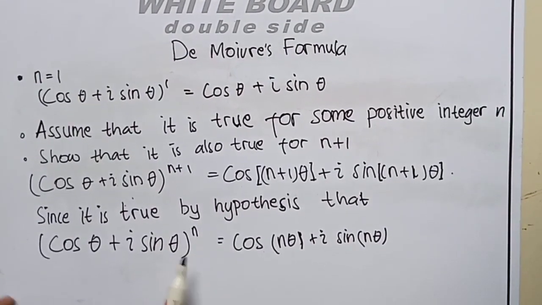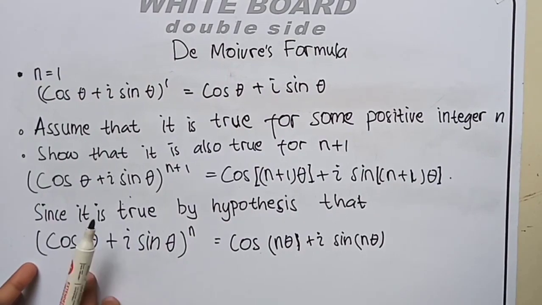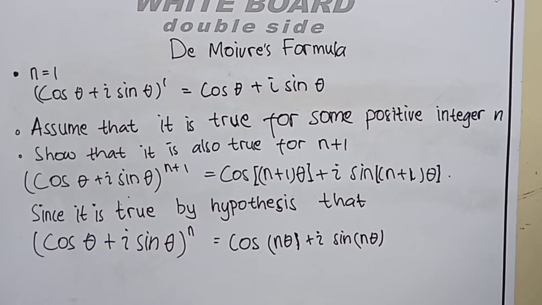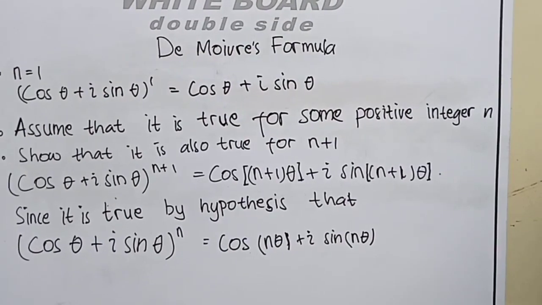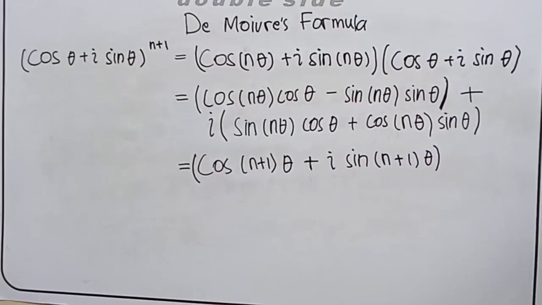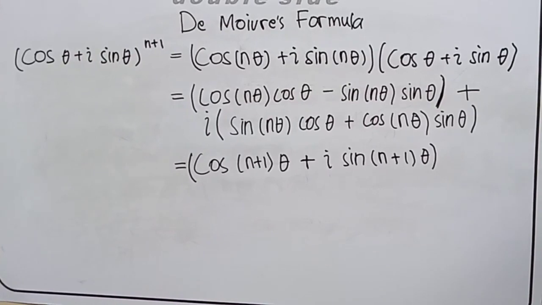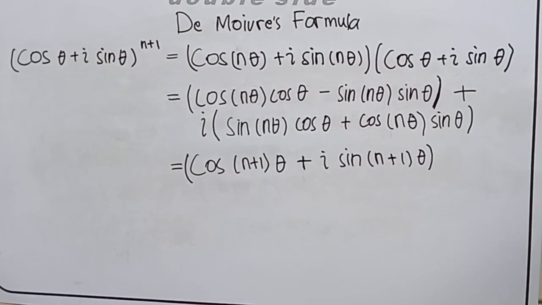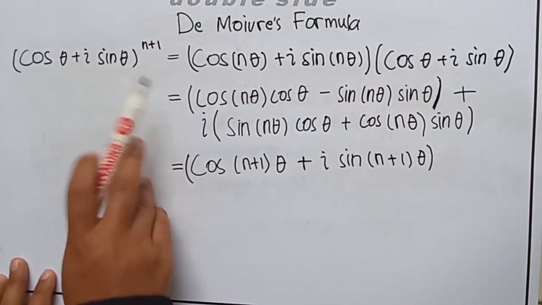then multiplying both sides by cosine theta plus i sine theta, we get this one.